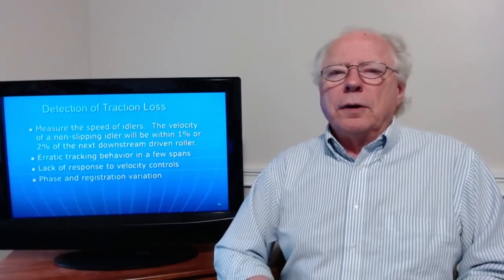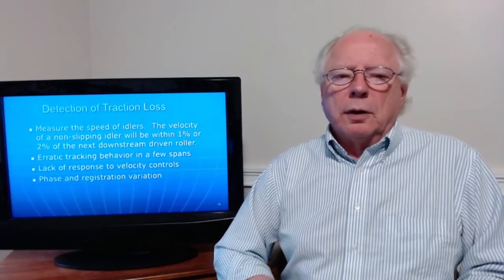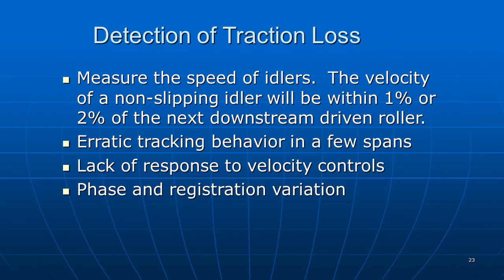How would you know if you're sliding over a roller? Well, in a lot of cases, it's as easy as measuring the speed of idlers. So if you have a driven roll and you measure the rotational speed of it and calculate the surface speed, it should be running within 1 or 2% of the speed of the next downstream driven roller.